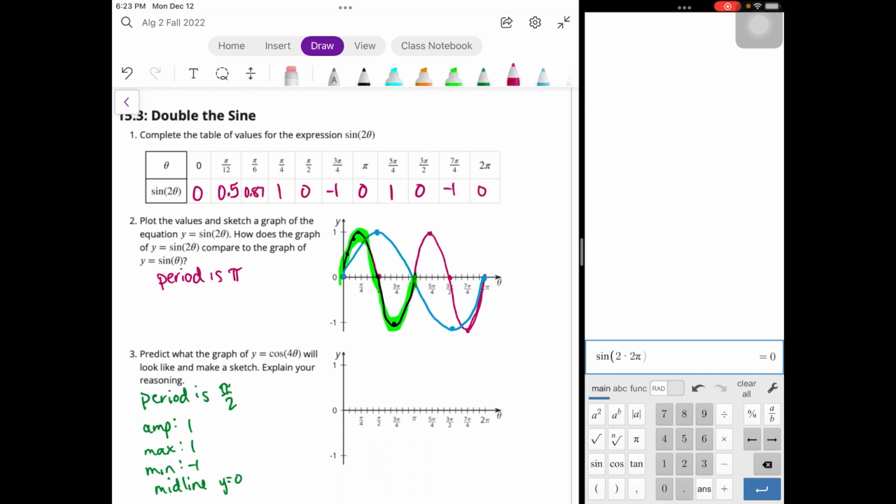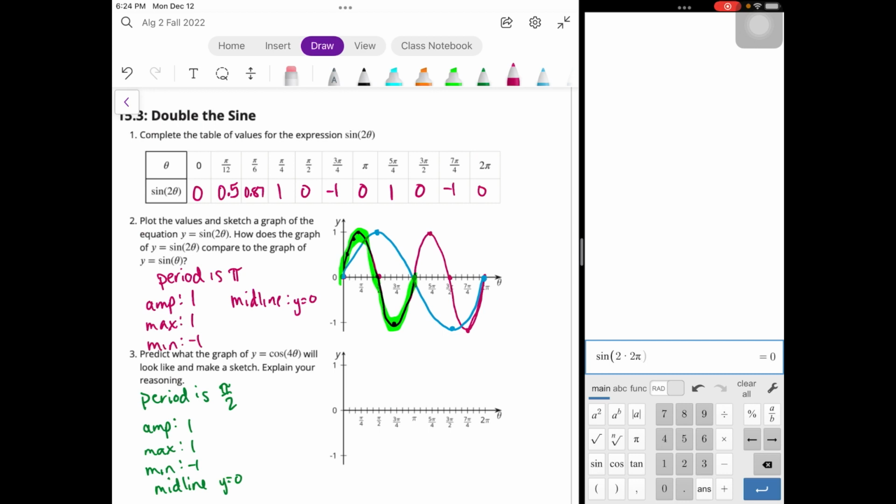And again, we know that up here for number 2, the amplitude was 1, the maximum was 1, the minimum was negative 1, and the midline was y equals 0. I'm guessing that's what it's going to be.